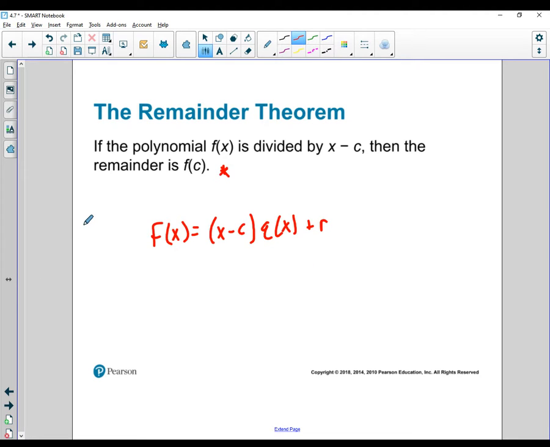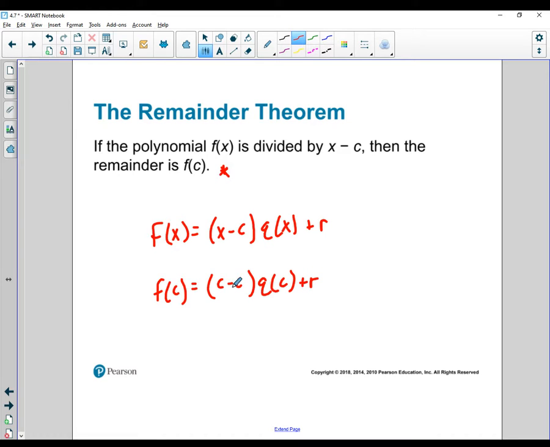And so why is the remainder as simple as just evaluating it at c? Well, what happens if we put in f of c? f of c equals, maybe we can see where this is going, c minus c, right? You're putting c in for x, times q of c plus r.